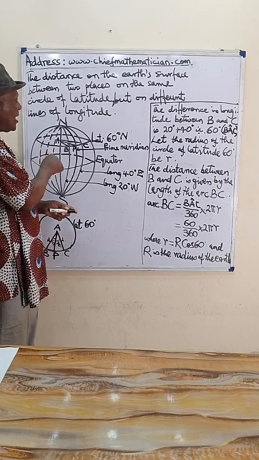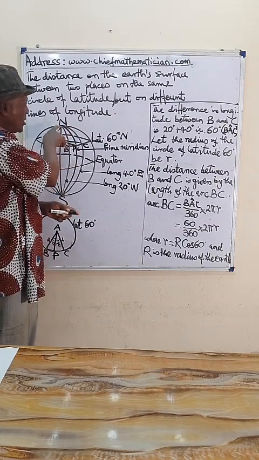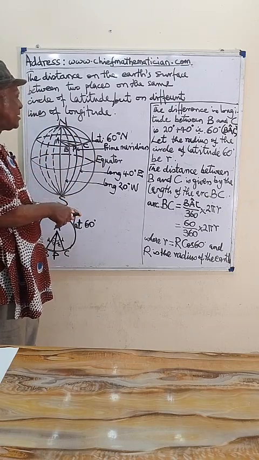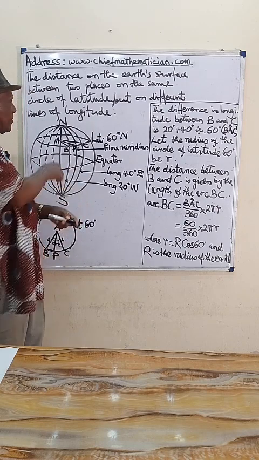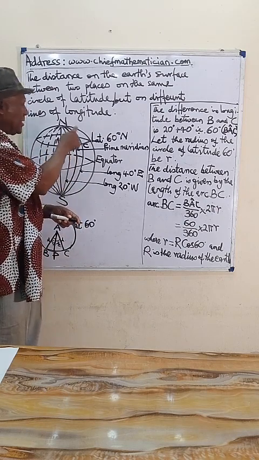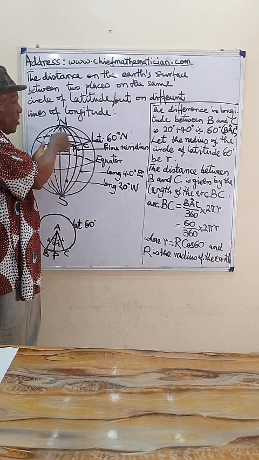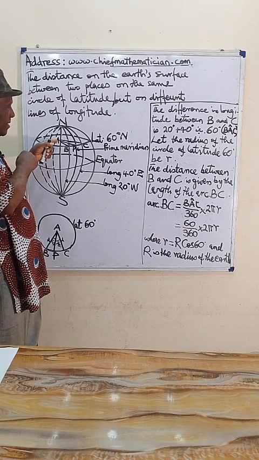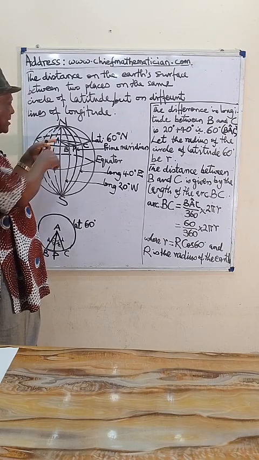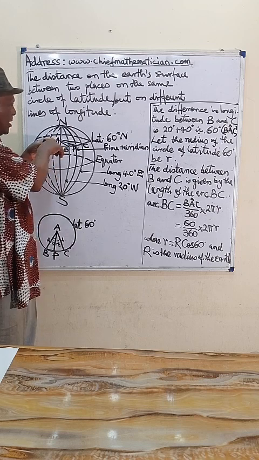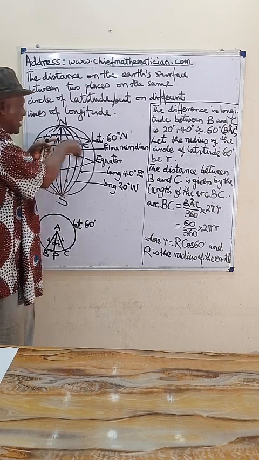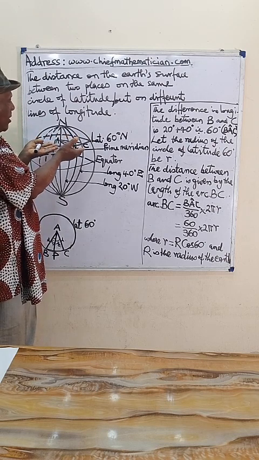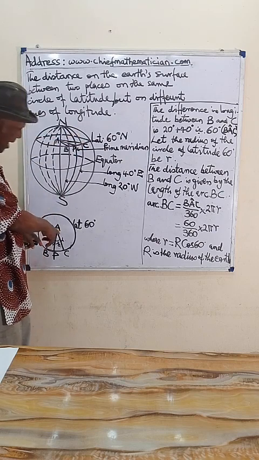And C is the point where longitude 40 degrees east cuts latitude 60 degrees north. So very clearly, B, P, C are points on latitude 60 degrees north with A as its center. Of course, A is the center means that AB is its radius, AP is its radius, AC is its radius.